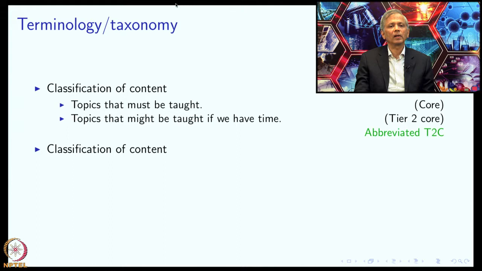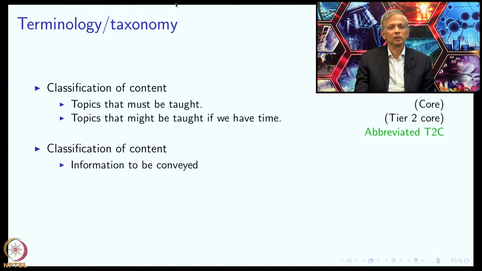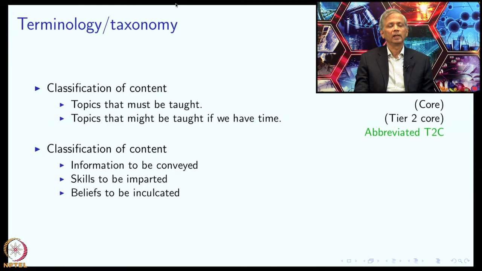Now we are going to classify content in another way. So it could be information to be conveyed. It is sort of like the first two levels of Bloom's taxonomy, but we will match it with practice, so it will be applied as well. Then there will be skills to be imparted, and the skills will use the information, but the skills are going to be sort of the central part of the course.